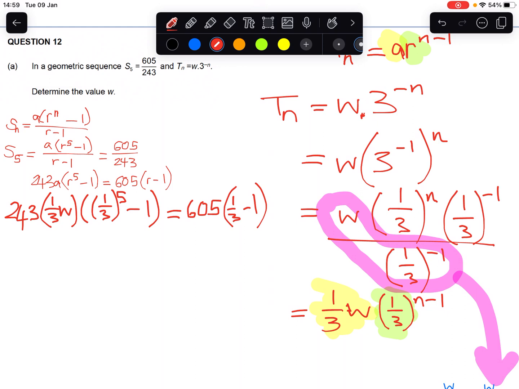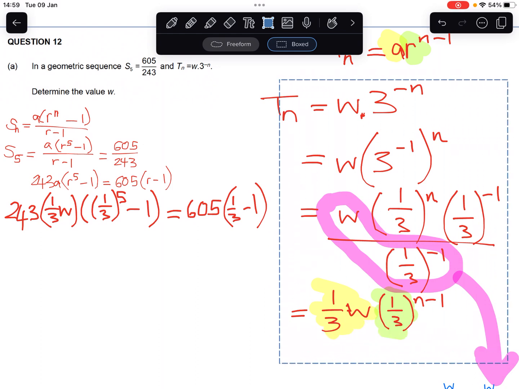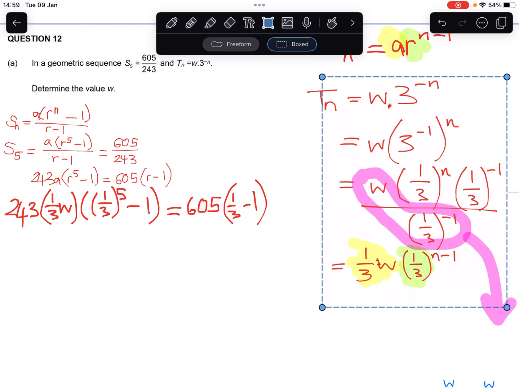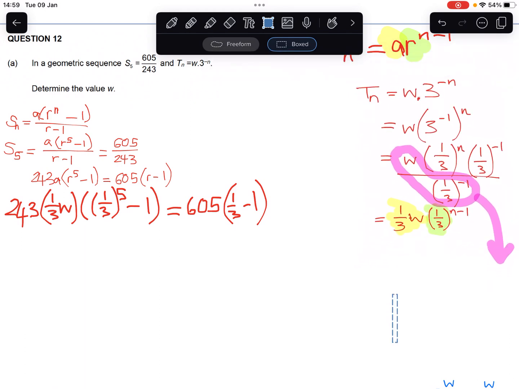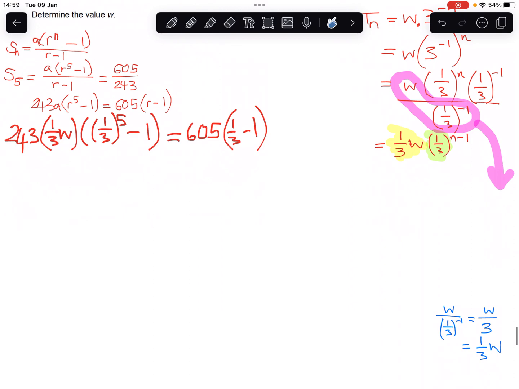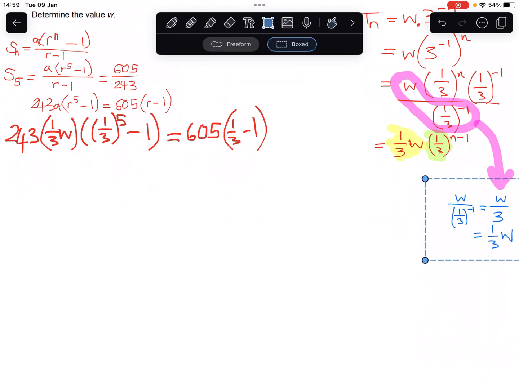Okay, so we need to shrink some things. Oh, it touched the bracket. Okay, and we're moving things again. Okay, right.